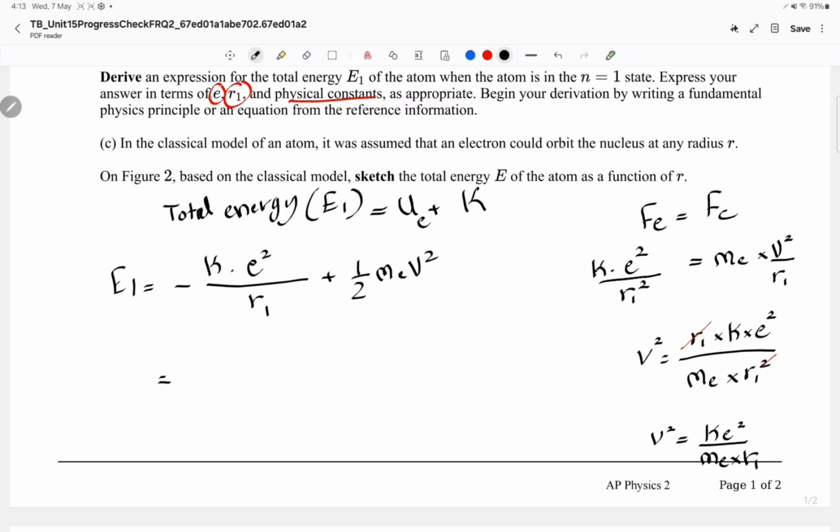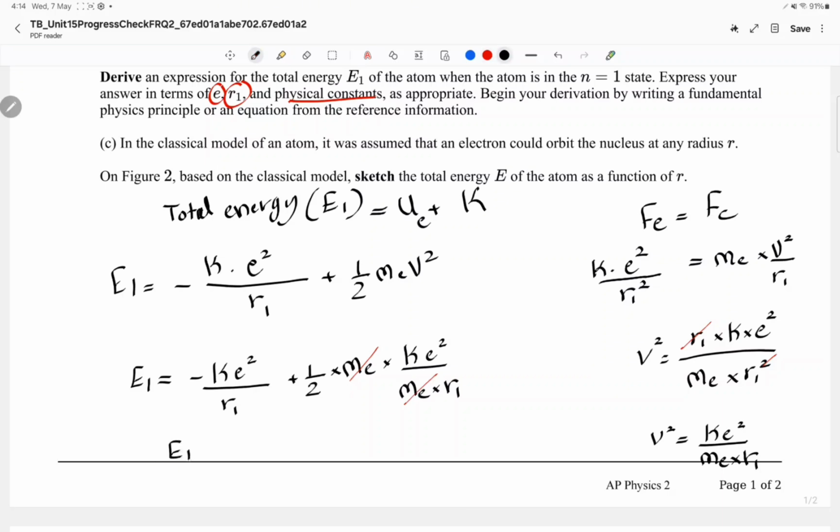And now I could say E1 is equal to negative k e squared over r1 plus half me, and instead of v squared, you put k e squared over me times r1. Cancel the me's.